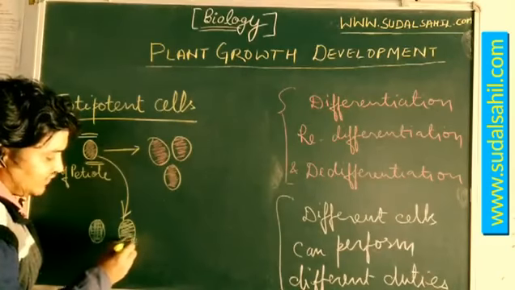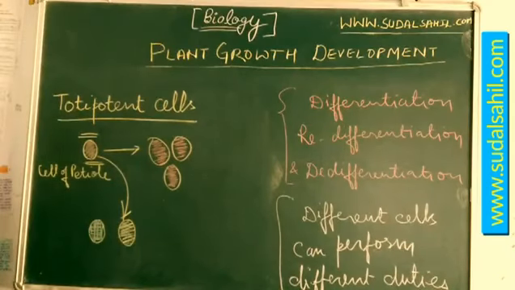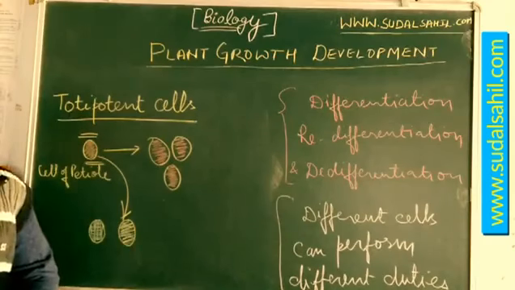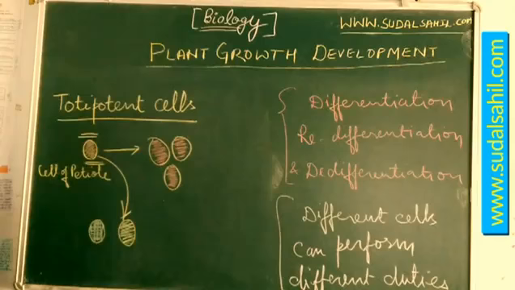Such cells are called totipotent cells. Totipotent cells are the cells which can be grown to perform any function desired by the plant.